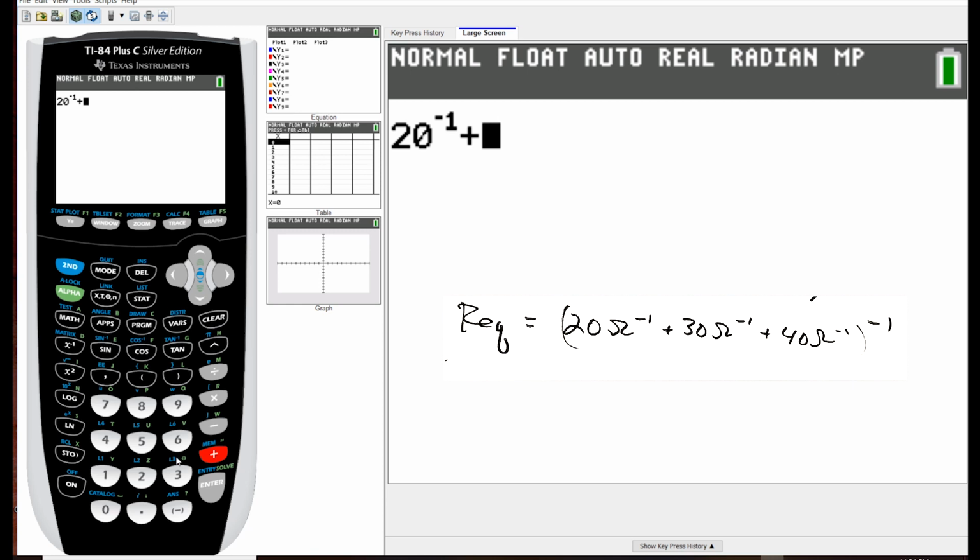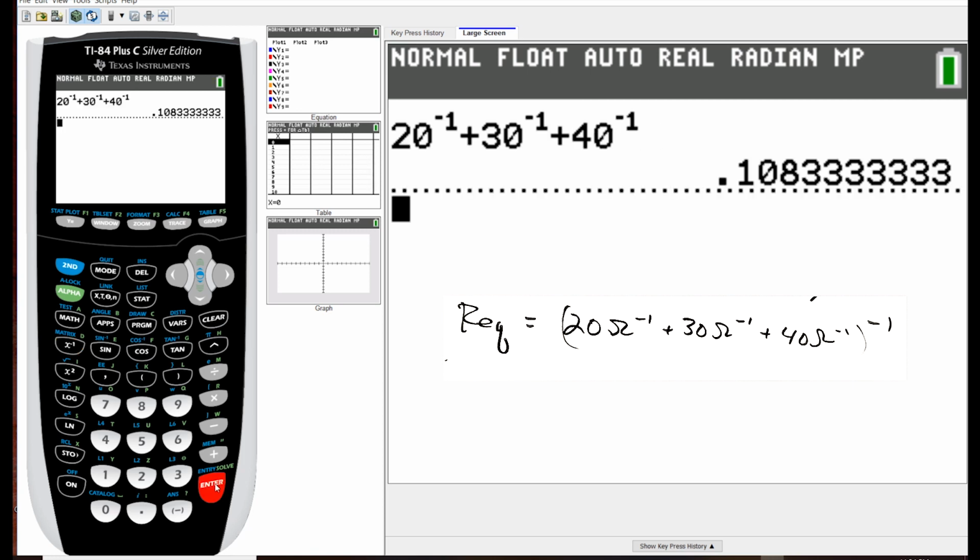We add to that 30, x to the minus 1, and then add 40, x to the minus 1. Now we add those up, and that gives us 1 over R equivalent.